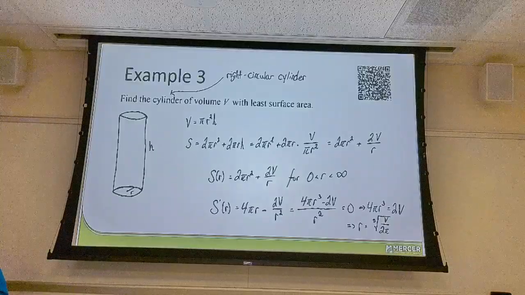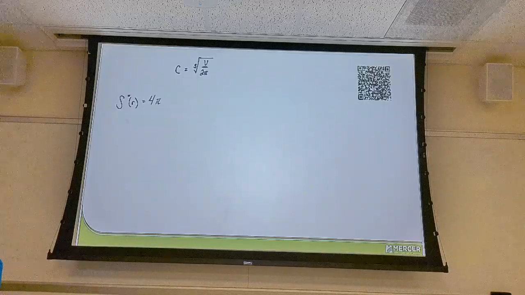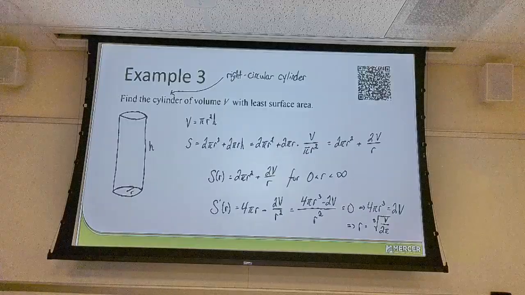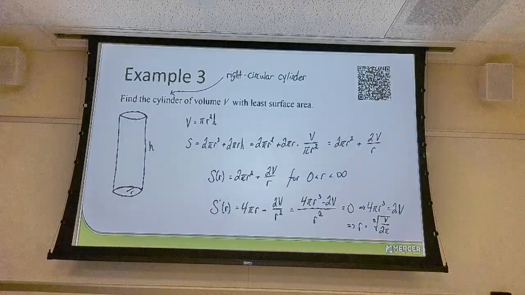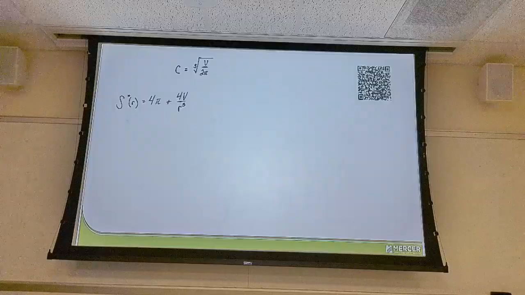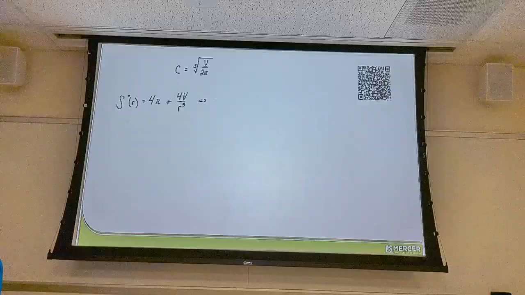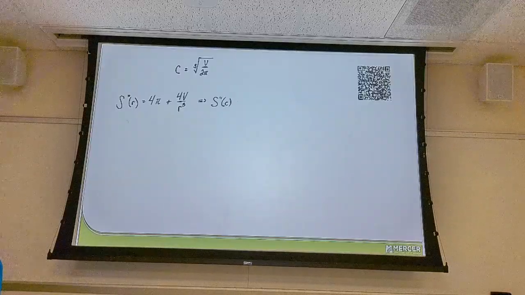Second derivative test. This is also a fairly simple second derivative to take. Just go back to the unsimplified form. 4 pi plus 4V over r cubed, right? Oh, but wait a minute.